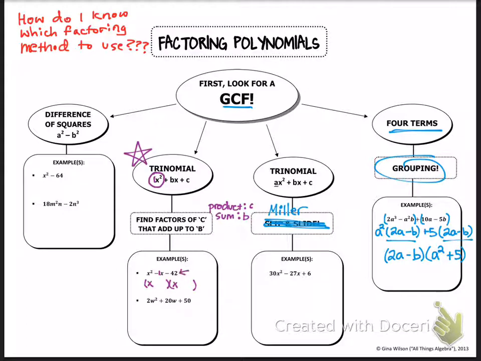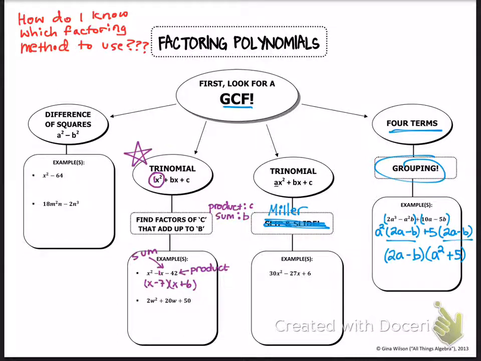Which numbers give me a product of negative 42, but a sum of negative 1? Give you 3 seconds to think about it. If you said negative 7 and a positive 6, that's good. Negative 7 times positive 6 gives me negative 42. Negative 7 plus 6 is negative 1.